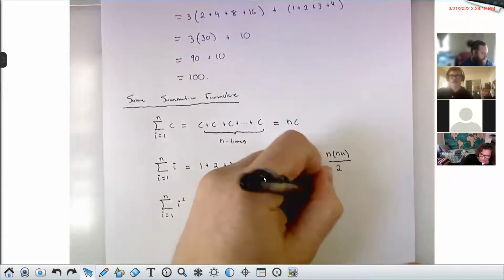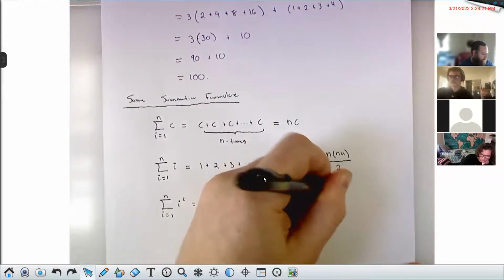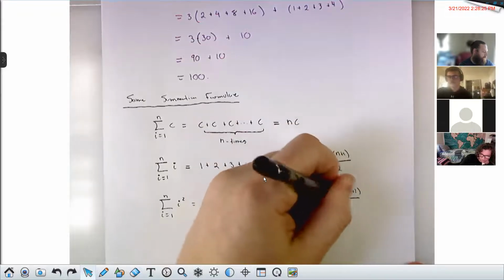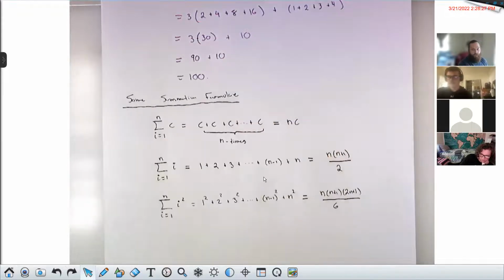This turns out to be n times n plus 1 times 2n plus 1 all over 6. So I think of this as being related to the previous one, just has an extra copy of 2n plus 1 and an extra copy of 3 downstairs. It's like this thing times 2n plus 1 over 3.